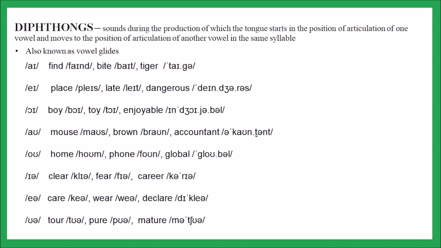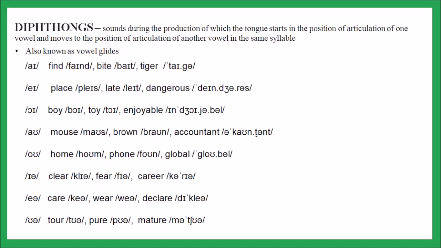So you begin the pronunciation with an A and you reach an E. I, as in the words find, F-I-N-D, bite, tiger. So we begin in an A and end in an E. Then the second diphthong is A.